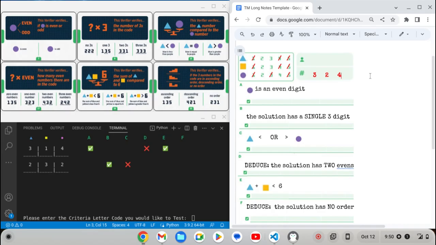We should test, oh, but we just tested criteria card C. Ooh. And I don't think testing A, D, E, or F would get us any closer. Well, that's a risk.